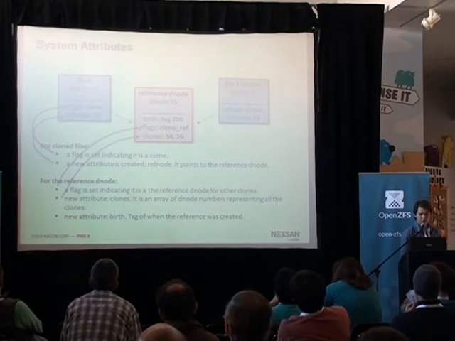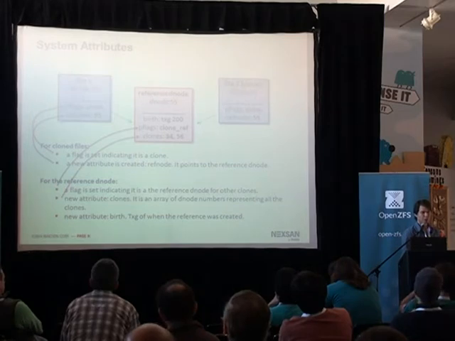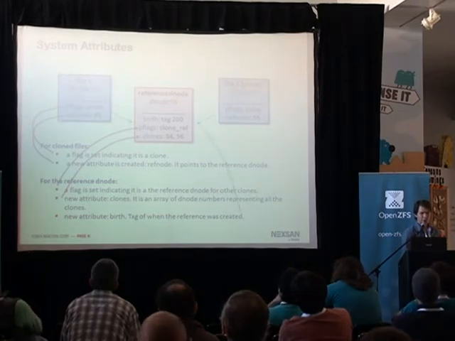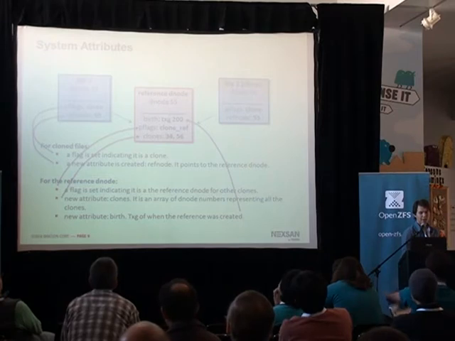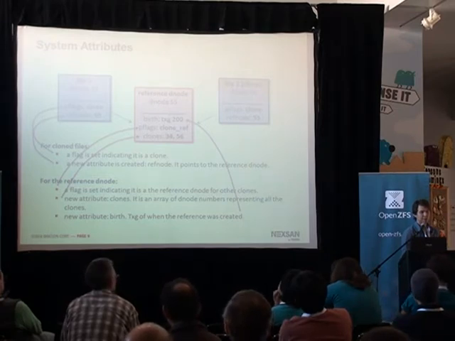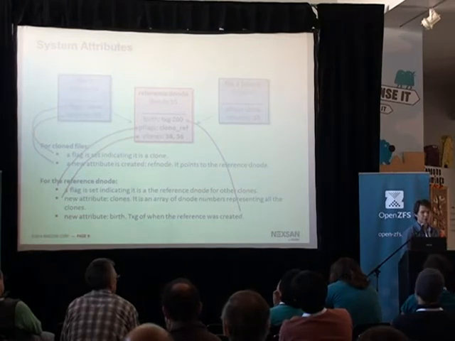I will talk a little bit later about this. A list of clones is basically an array of integers which point to all the clones of this reference node. And finally, there is another attribute called birth. This is basically the TXG at which the reference node was born. This is very similar to the birth parameter of a block pointer, except there are some reasons why we can't put the block pointer, and we need to have this separate attribute here.